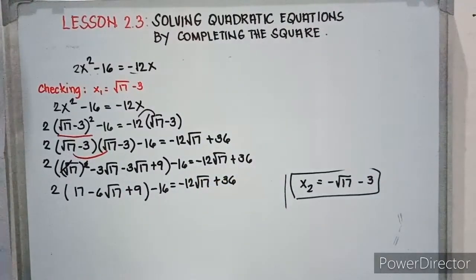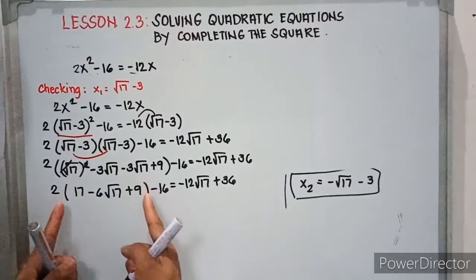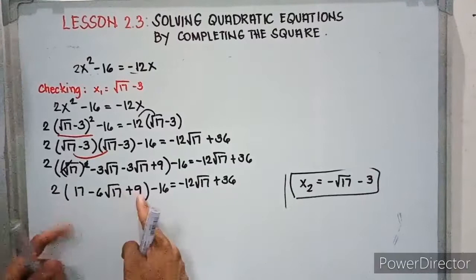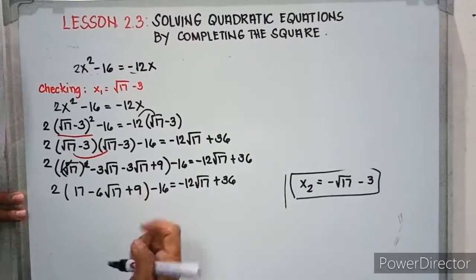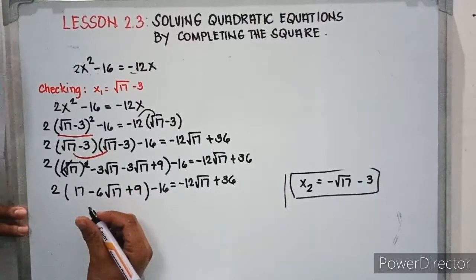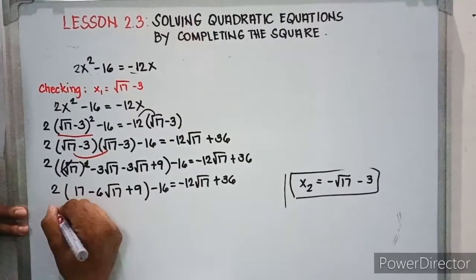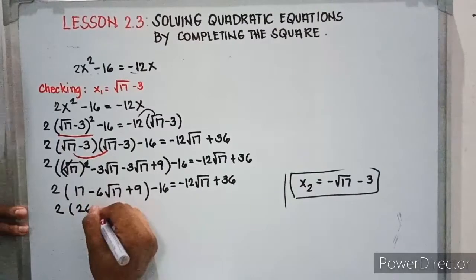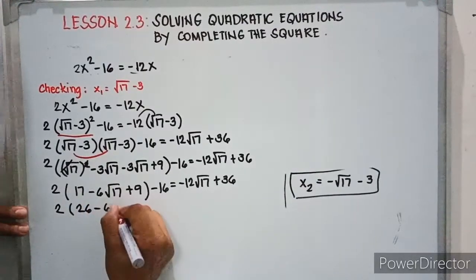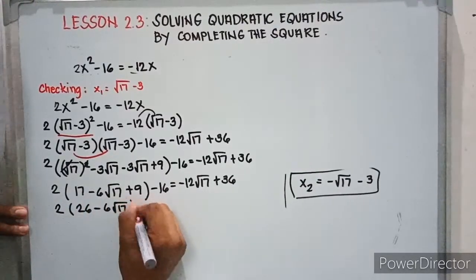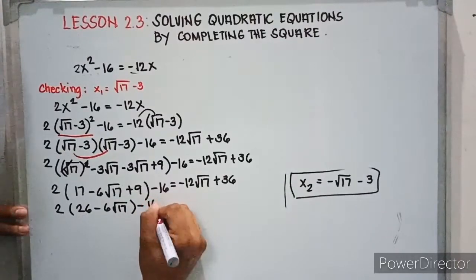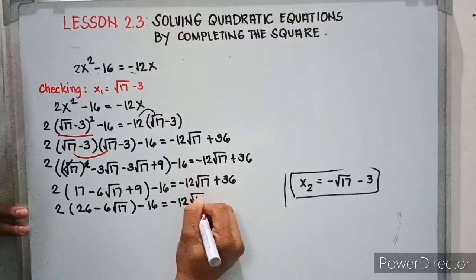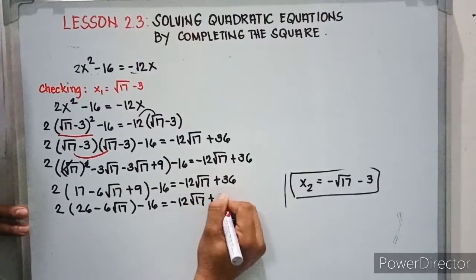So we simplify, okay? Then, simplify natin yung nasa loob ng parenthesis. So 17 plus 9, that is 26. So we have 2 times 26 minus 6 square root of 17 minus 16 equals negative 12 square root of 17 plus 36.